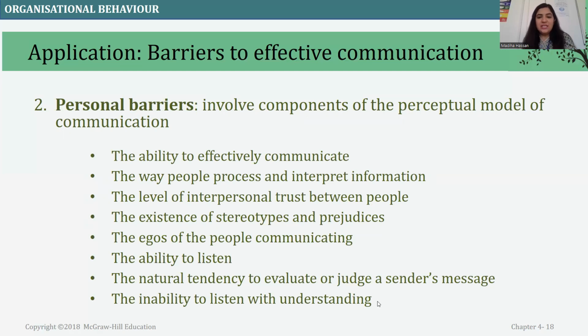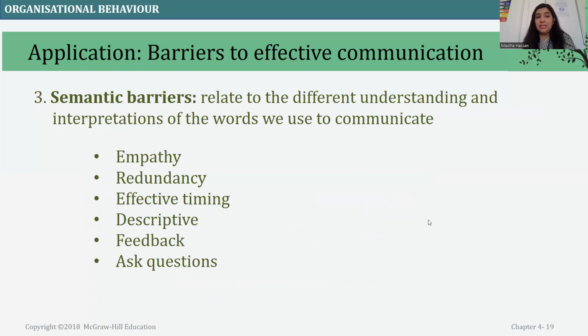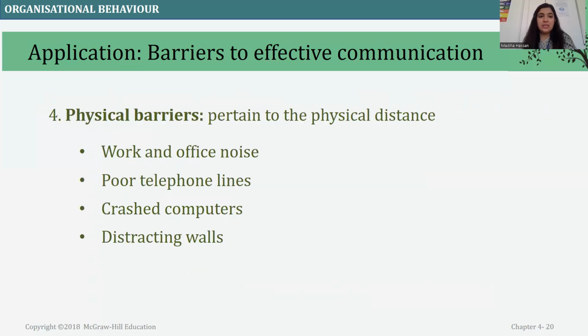The natural tendency to evaluate or judge a sender's message, and the inability to listen with understanding. Similarly, there are some semantic barriers. Some people do lack empathy, or redundancy, effective timing, descriptive feedback, or asking questions. So we need to communicate these things.